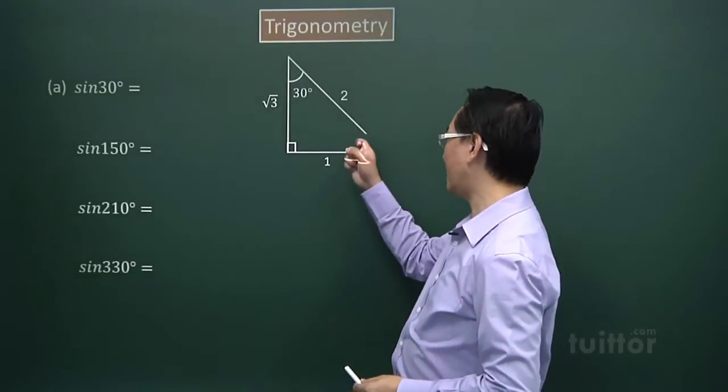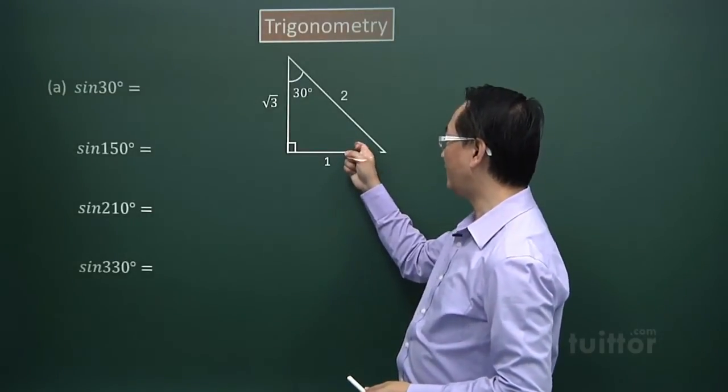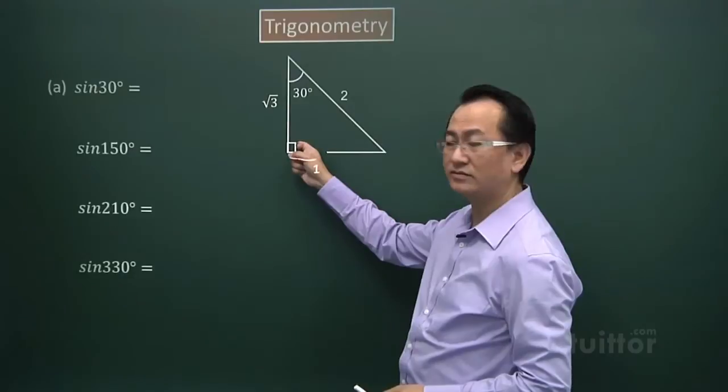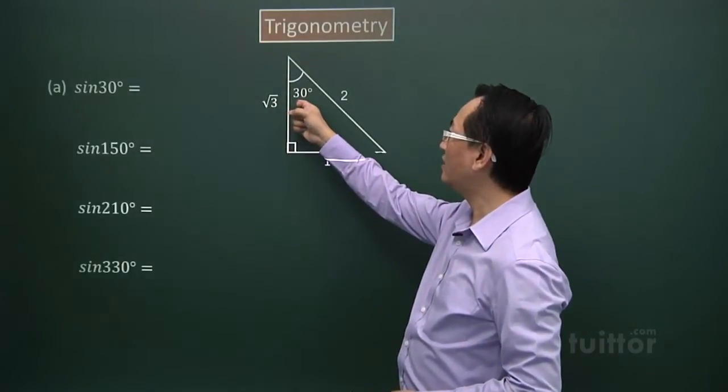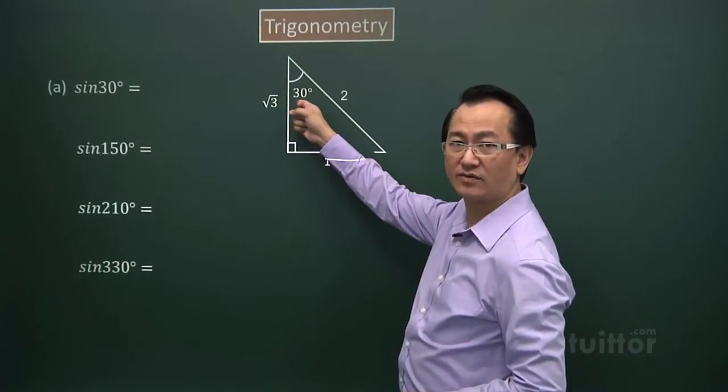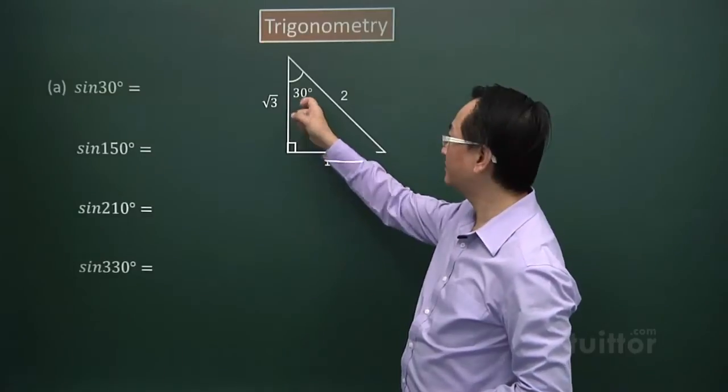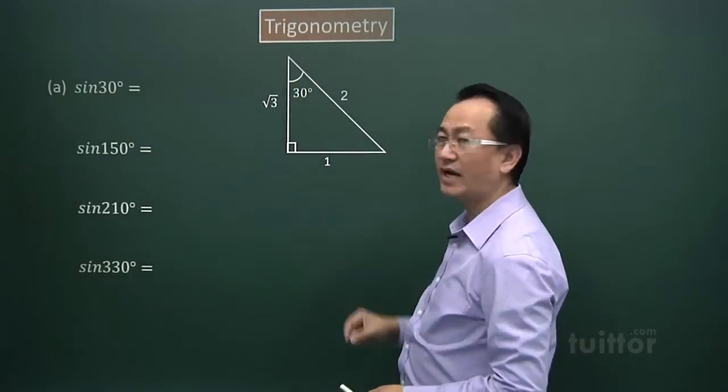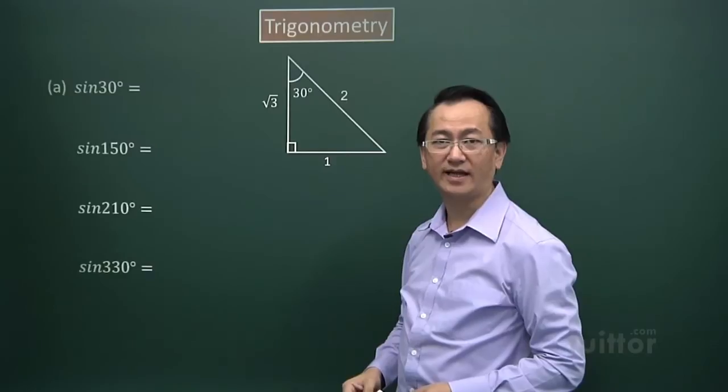So we mentioned that if this is 60 degrees and that is a fixed right angle, then that will be 30 degrees, 30 degrees, because all three interior angles add up to 180 degrees.